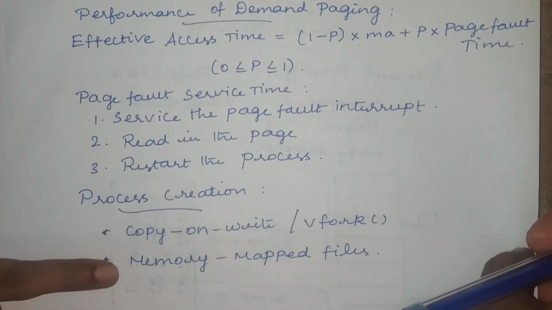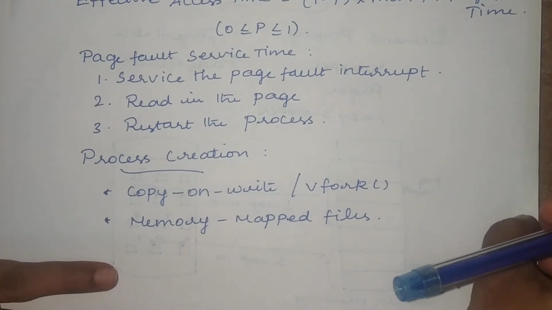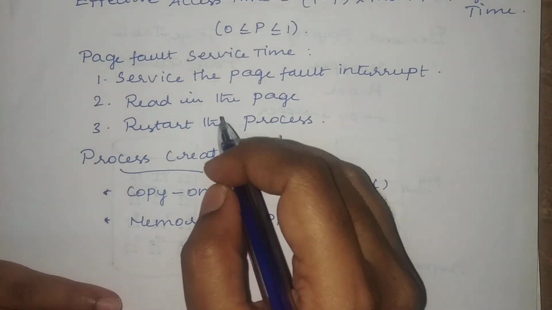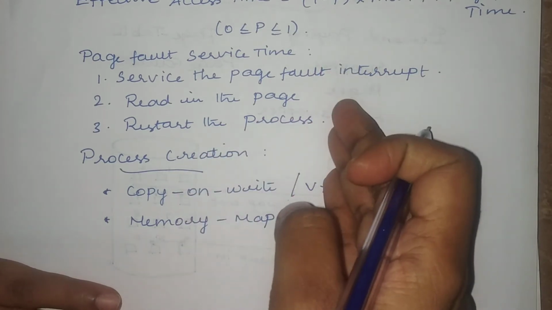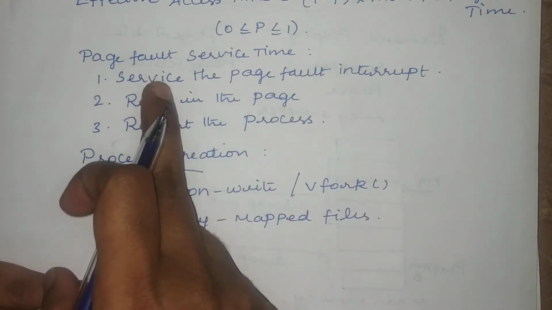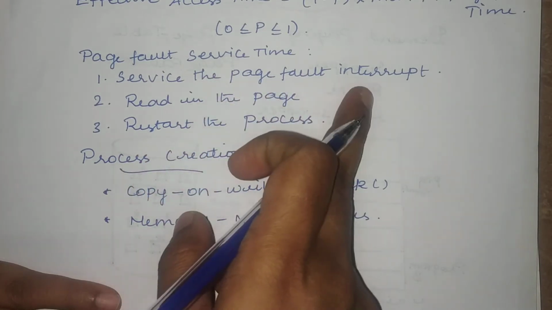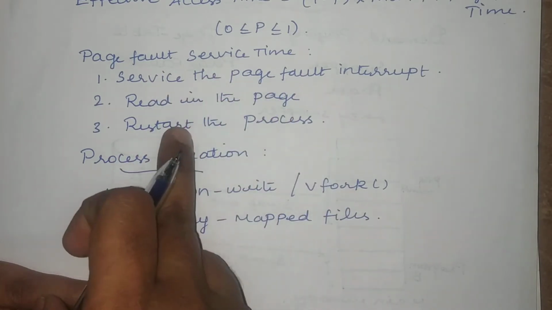So next one, page fault service time. What is the actual time taken if a page fault occurs? How do we calculate the time based on this sequence of steps? First, service the page fault interrupt, read in the page, and restart the process.